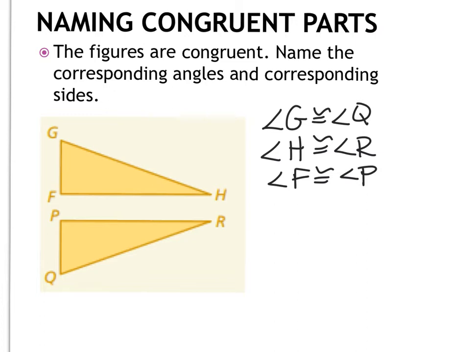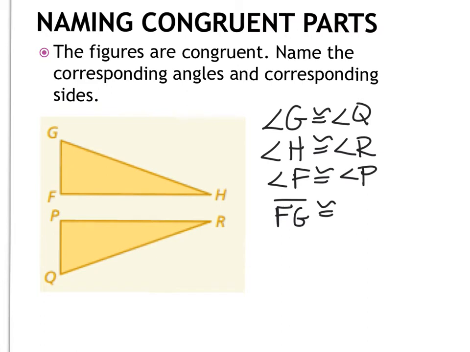So when we're labeling things, say if I look at this top triangle and I want to label FG, when I label it, I'm going to write a little line above it to signify that it's a line. I'm going to use my congruent symbol. The congruent symbol is just an equal sign with a little squiggly on top.